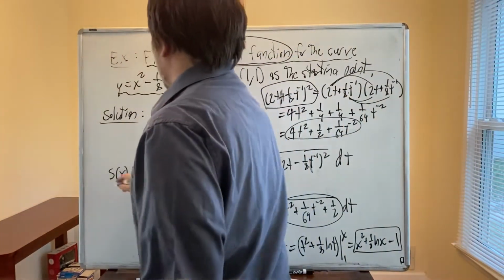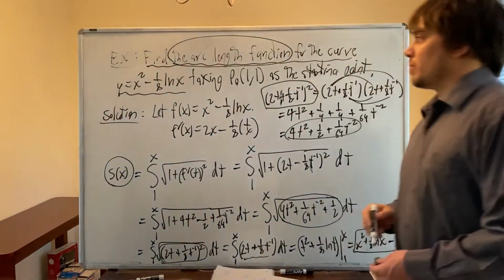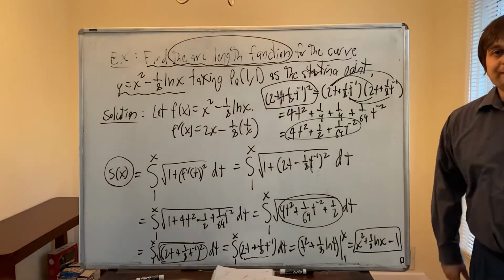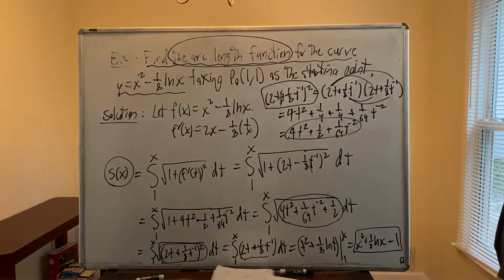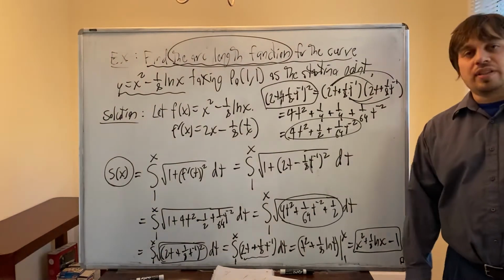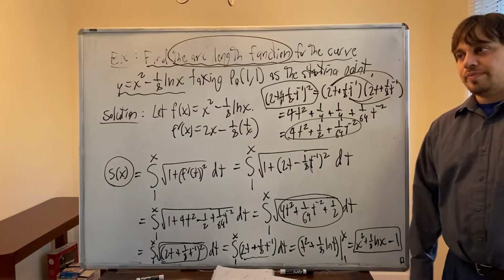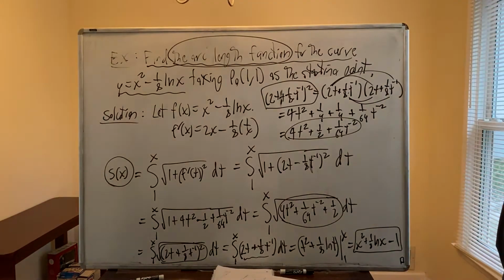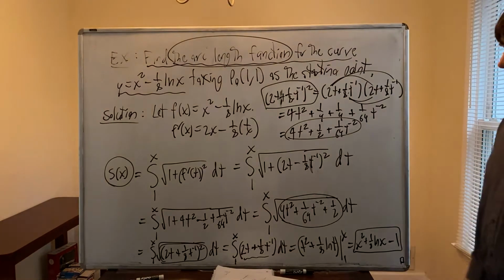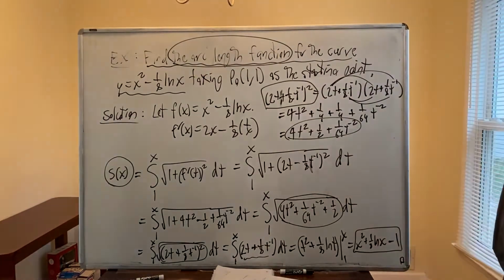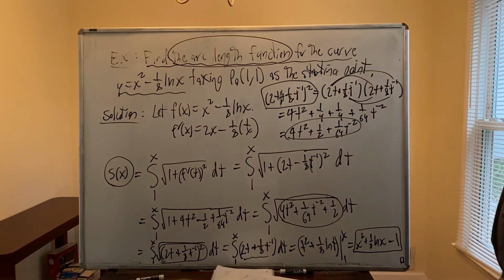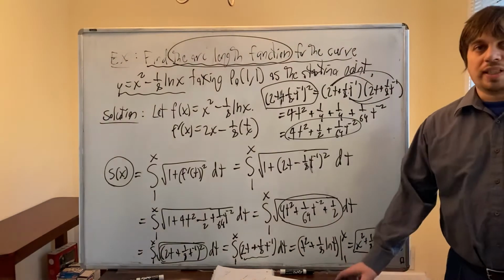The arc length function is this guy, s of x. So now that's an example of finding the arc length function in a problem. And that's the end of 7.4. Okay, let's keep going.